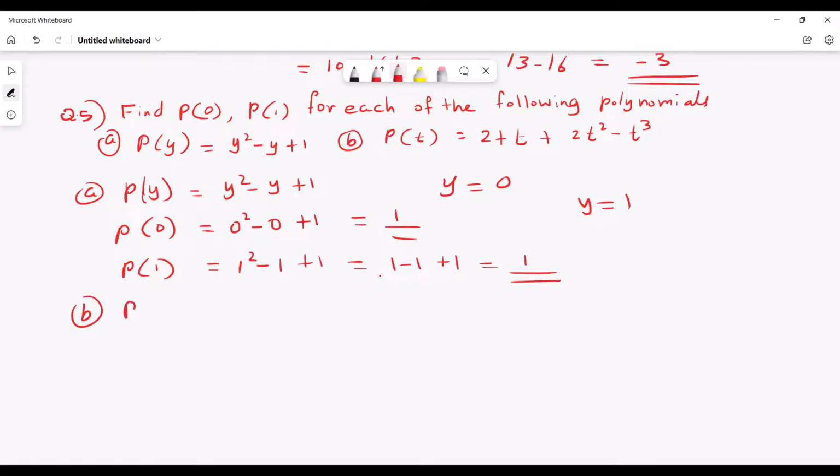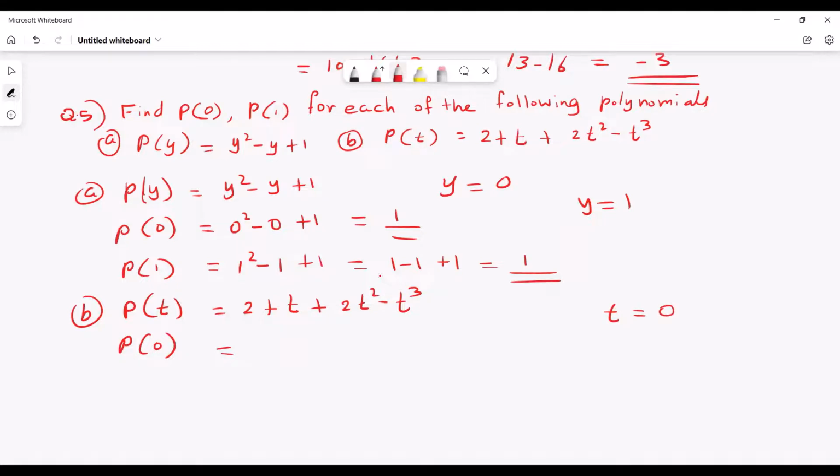In the second question, we have P of t equal to 2 plus t plus 2t square minus t cube. Here, first we have to find P of 0. It means that we are replacing t with 0.